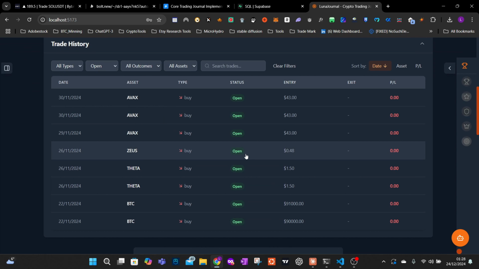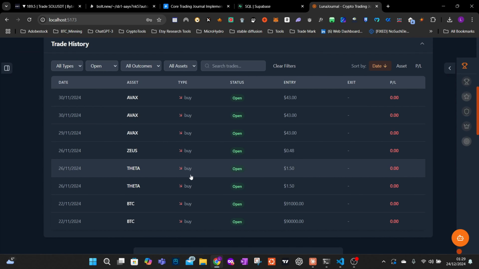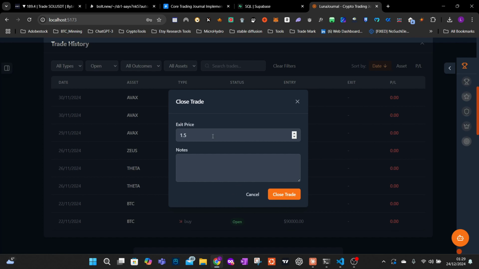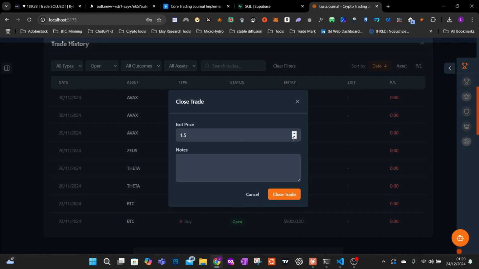We have Zeus here. Oops, no, that's out of scope. Let's close this here. Theta 150, let's close it. Another Theta, let's close this one.